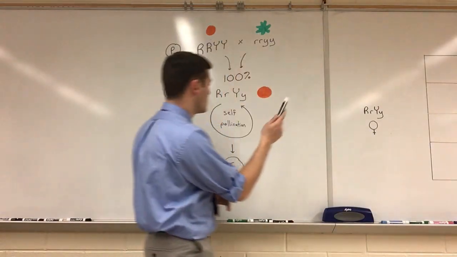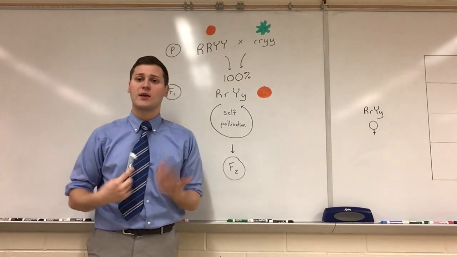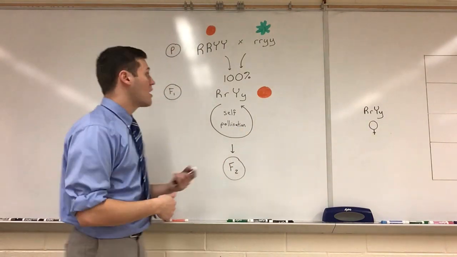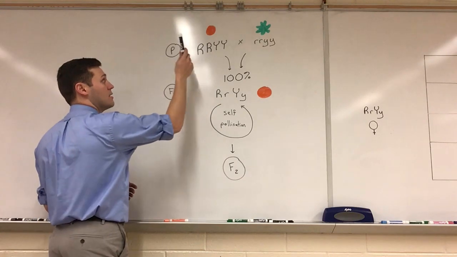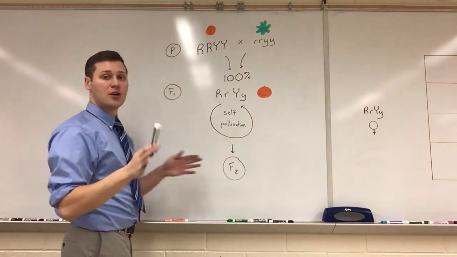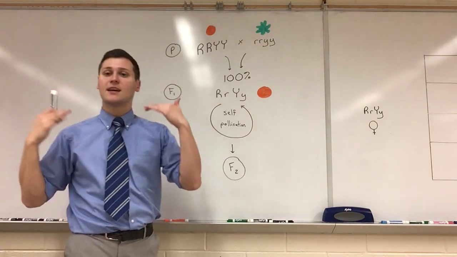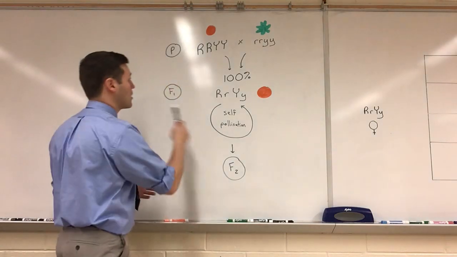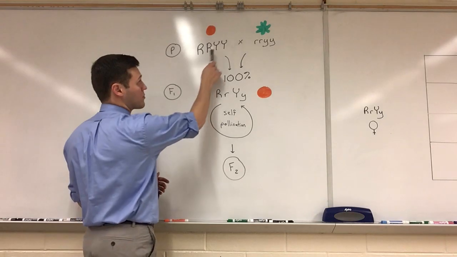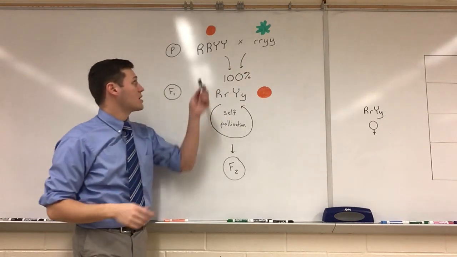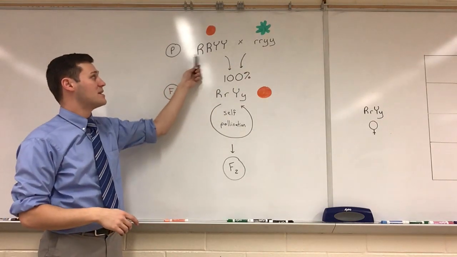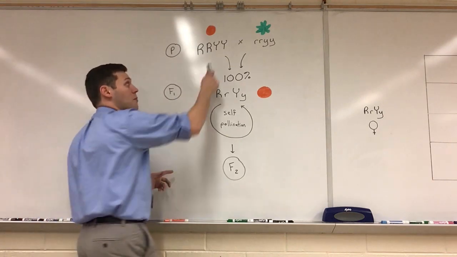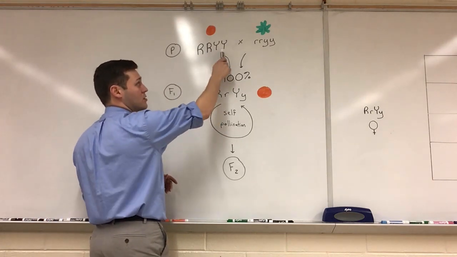So just as a quick recap of Mendel's experiments, Mendel took the P generation, the parental generation, of true breeding pea plants. So they are purebreds. They are homozygous for every trait. So here we have homozygous dominant round seeds and homozygous dominant yellow seeds.